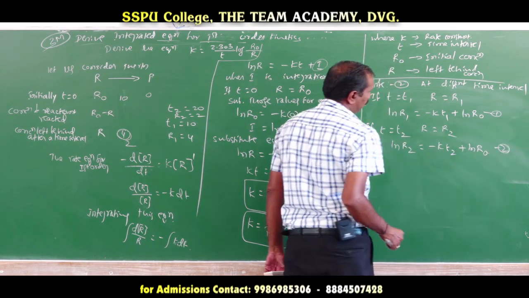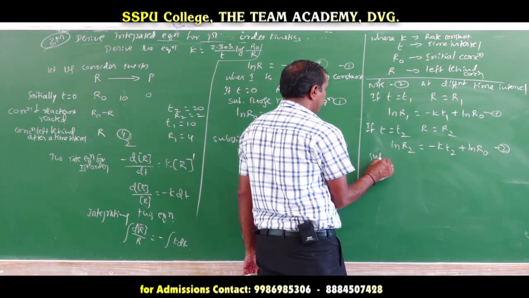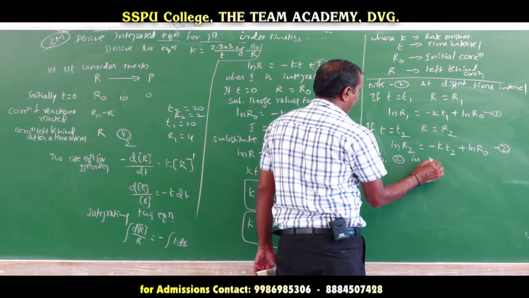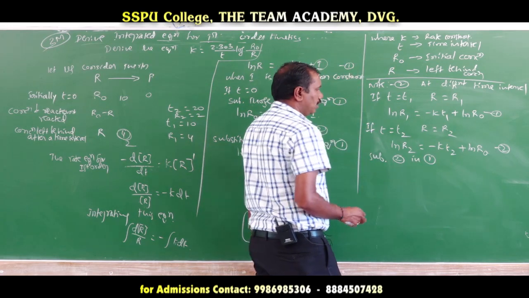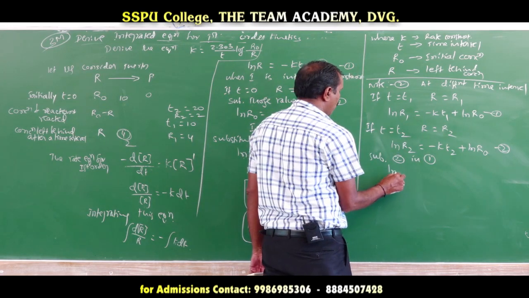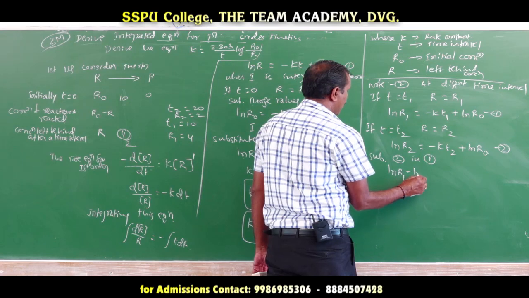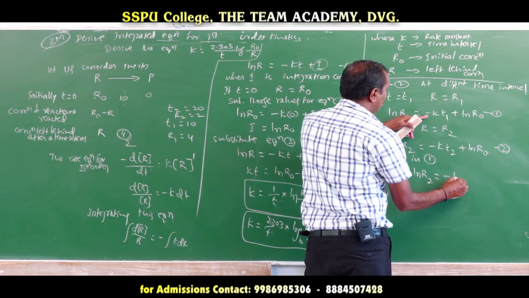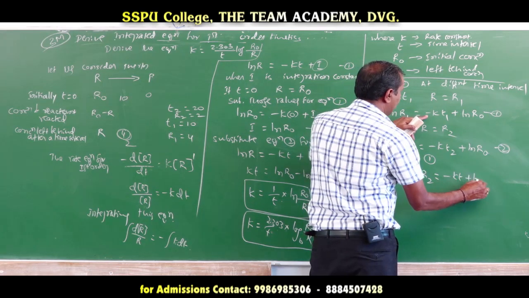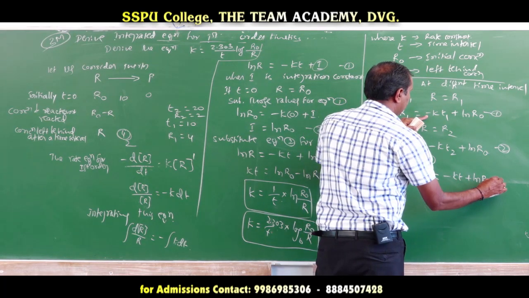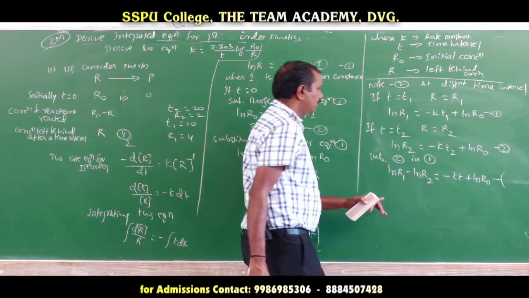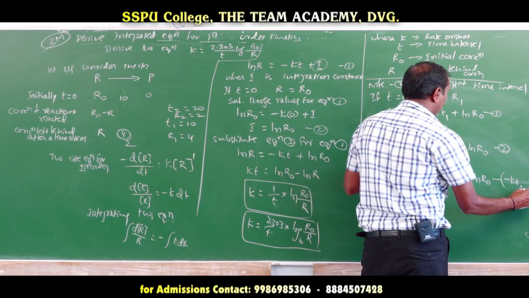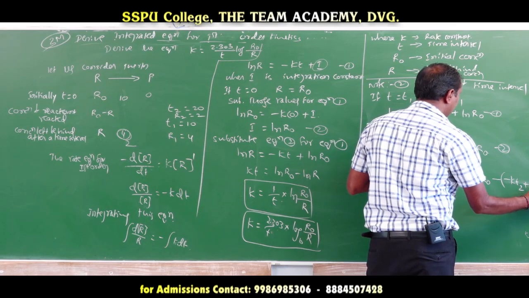That is equation 2. Subtract equation 2 from 1. Then ln R1 minus ln R2 equals minus K T1 plus ln R naught, minus of minus K T2 plus ln R naught.